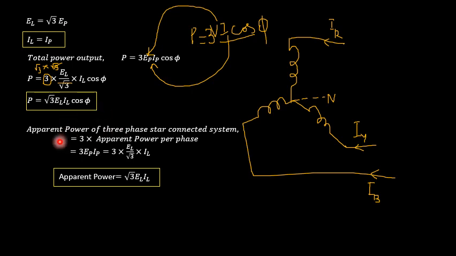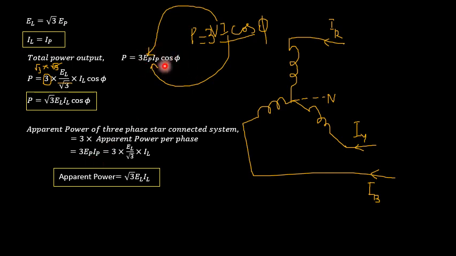Suppose I want to calculate the apparent power, once again considering the three-phase system itself. It is thrice the apparent power per phase. Apparent power per phase does not have the cos phi term, so ignoring the cos phi term, it is called the apparent power. So it is 3 multiplied with EP into IP.